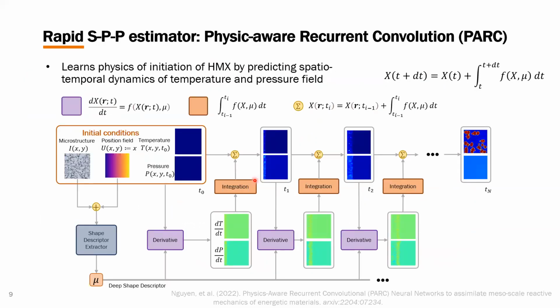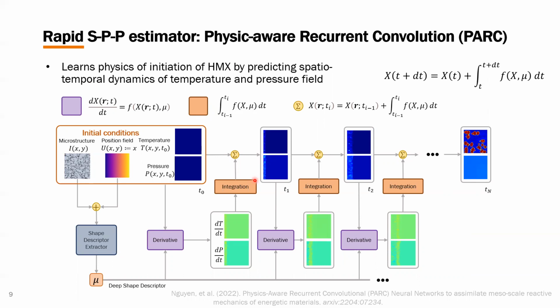Previously, we developed a neural network model called PARC for rapid estimation of the SPP linkage. The exciting part of the PARC model comes from its interpretability. Conventional deep learning models would simply describe and predict the input and output relationships and stay as a black box model, but PARC was carefully designed to model differential equations of thermodynamics of the energetic materials.